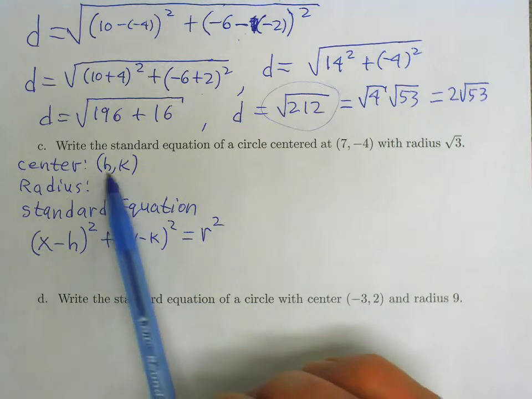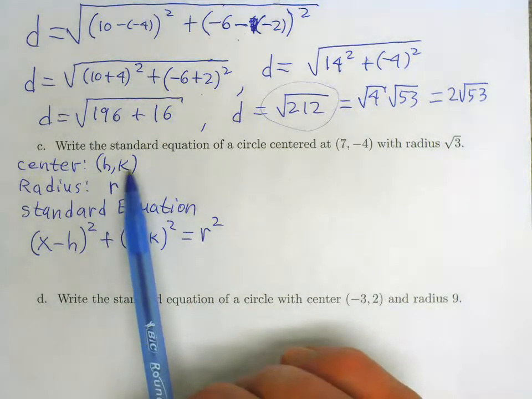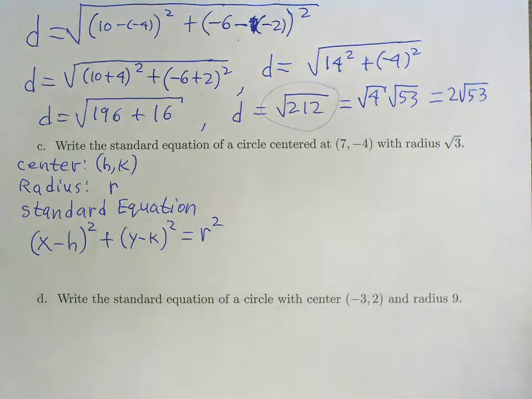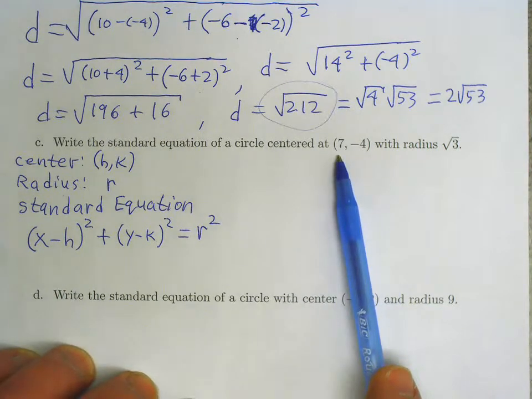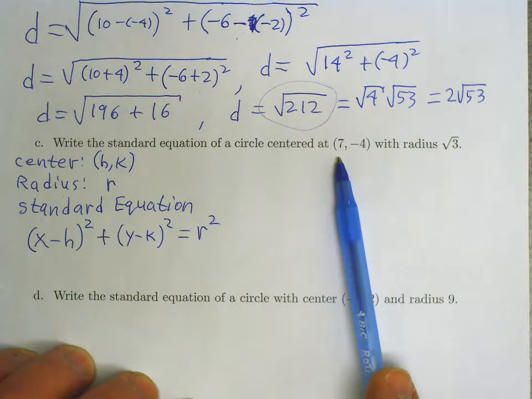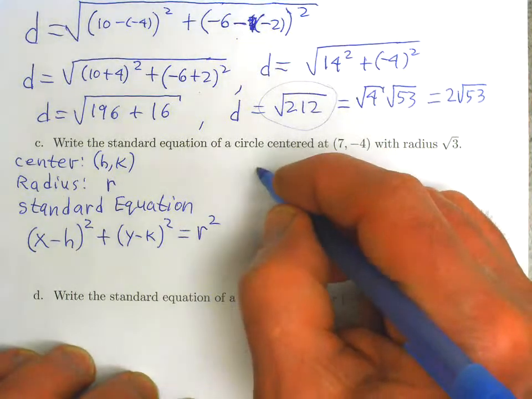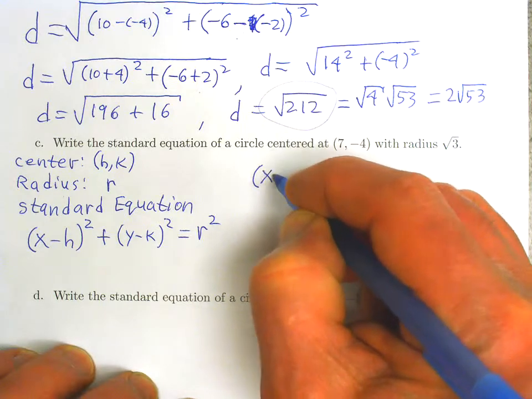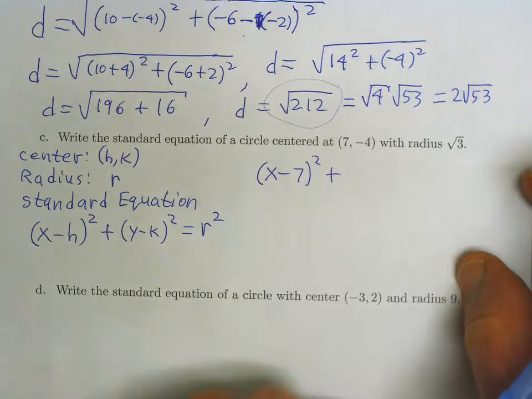Okay, so h and k just represent real numbers. So h and k can be positive or negative. But this is how you write the standard equation. Okay, so if the x-coordinate of the circle's center is 7, then in the standard equation we write the quantity x minus 7 squared, and then we're going to add that to the next term.